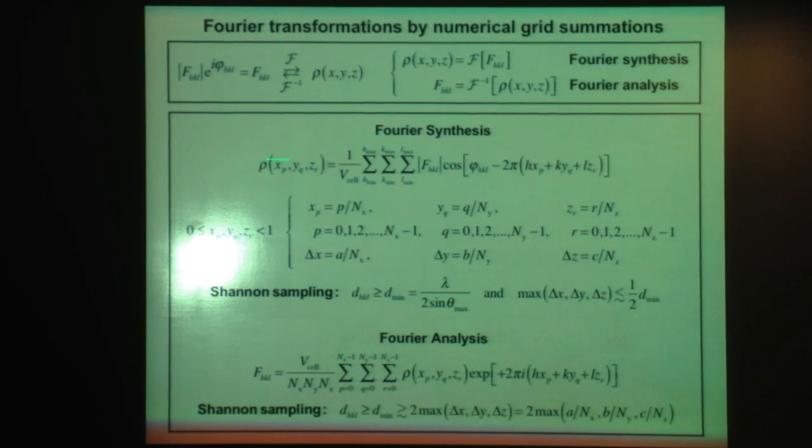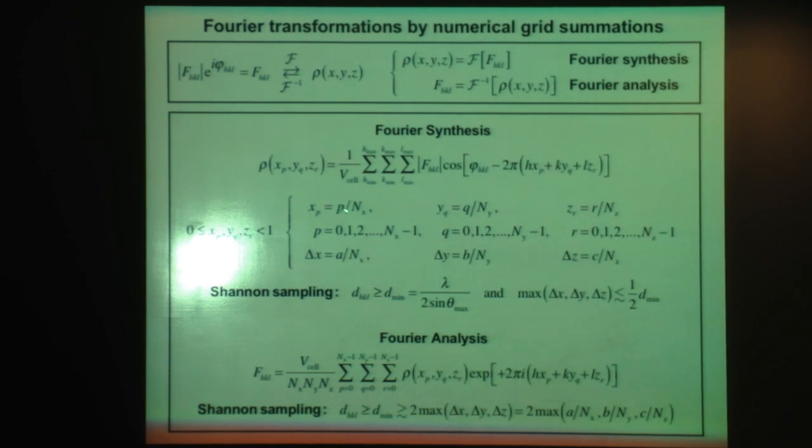So now, to compute density on a numerical grid, we divide up space into little blocks, okay? And we want to sum over each of those blocks. We know that the range of these x, y, z values is from 0 to 1. So we've got p, q, r blocks.